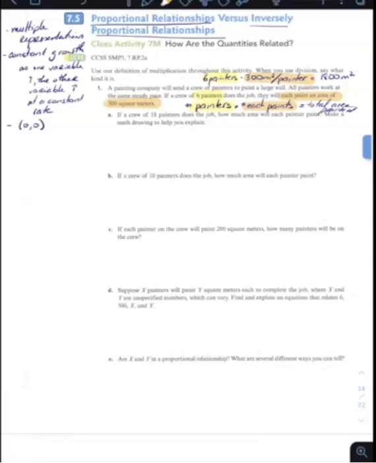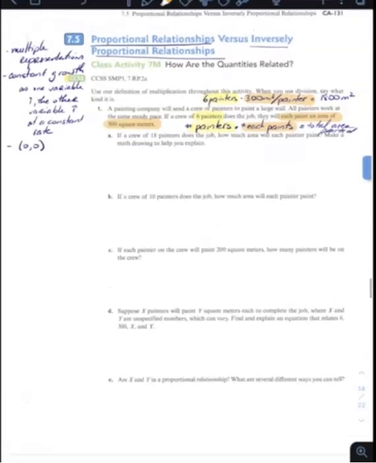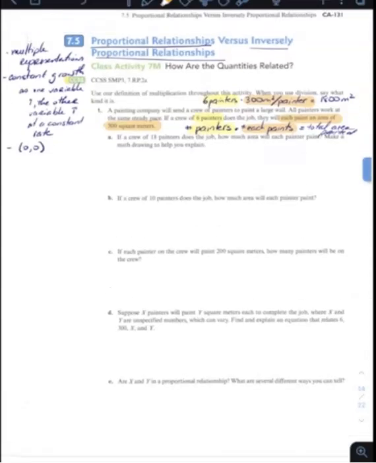So there's something going on here that sounds and feels like this constant growth, which is the amount of painting per painter, and the 0, 0, and the more painters, the more area. So it feels like there's something going on that's proportional. It's certainly a multiplicative relationship.